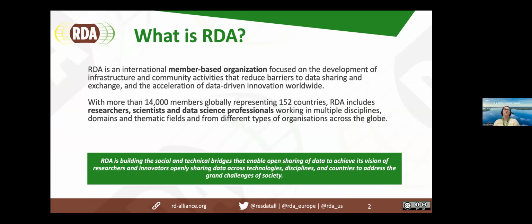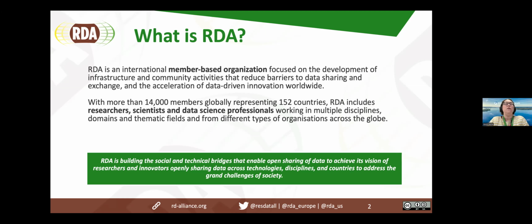So let's start with the kind of 101 of RDA. What is it all about? How it functions? What's the status of RDA at the moment? So RDA is an international member-based organization that is focusing on research data related issues, as the name states.